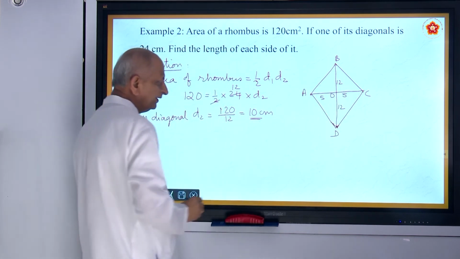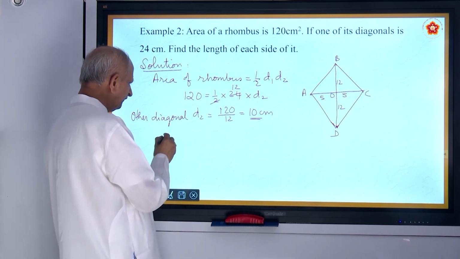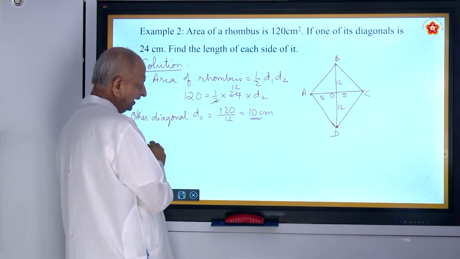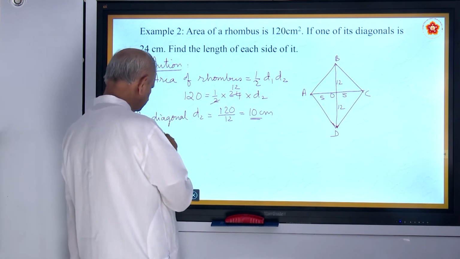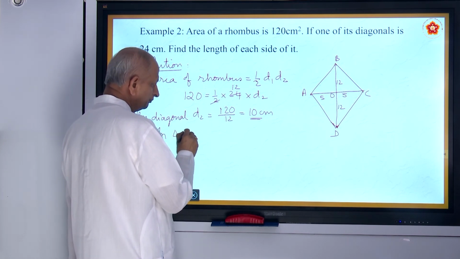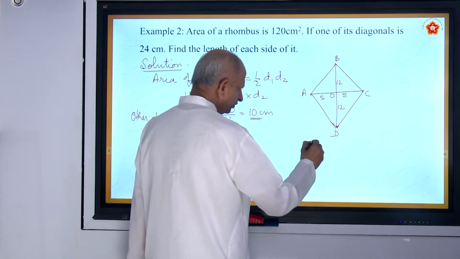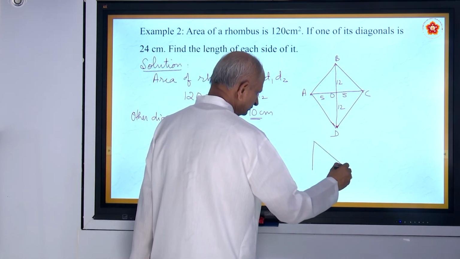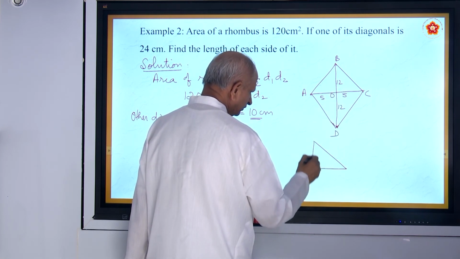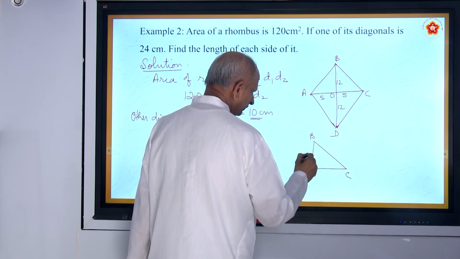Now you are asked to find the side. So length of each side. If you take a triangle there, in triangle BOC, so we have got a triangle here, and this is O here, B here, C here, with sides 12 and 5.